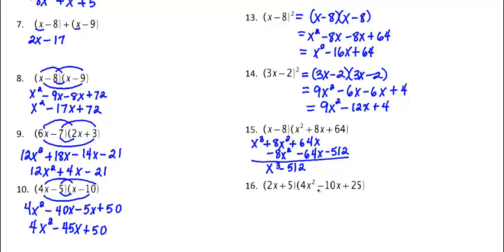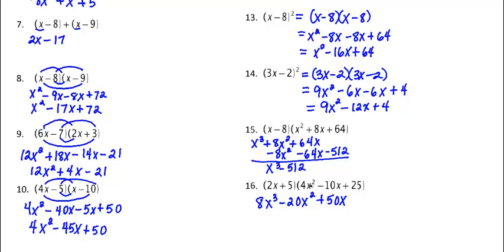So doing the same thing here, we want to multiply. 2x times 4x squared is 8x cubed. 2x times negative 10x is negative 20x squared. 2x times 25 is plus 50x.